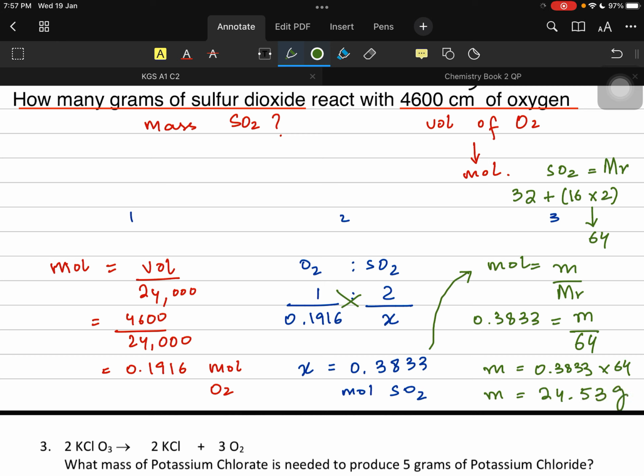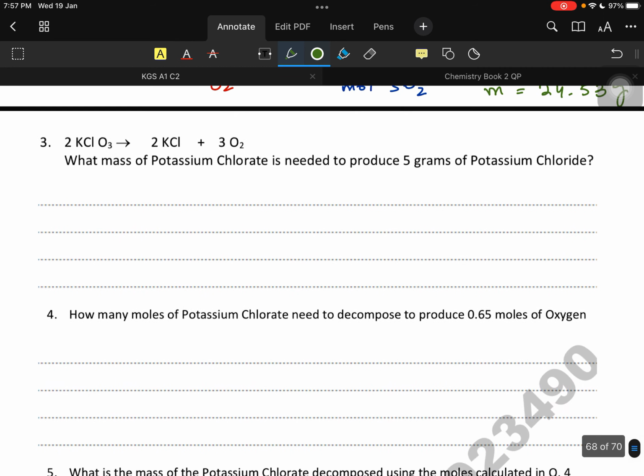So the mass is equal to 24.53 grams. Let's try out a past paper question to see whether we are able to apply these ideas in an actual past paper like question. We have a question over here. We have been given an equation and apparently there are a few past paper questions that follow.